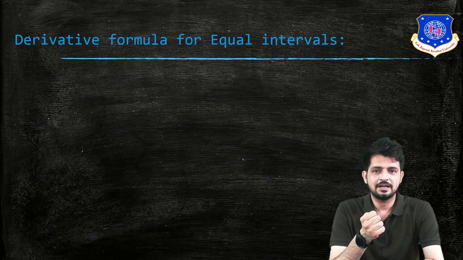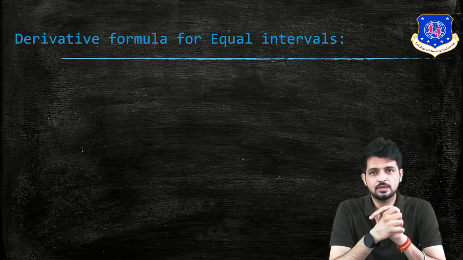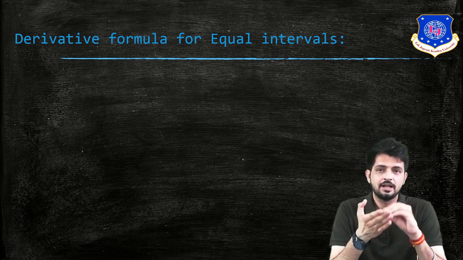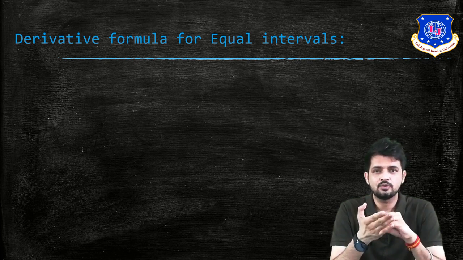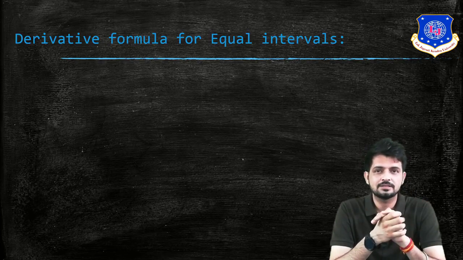Okay, let us derive the formula of numerical differentiation. See, there are again 2 types for this: equal intervals and unequal intervals. For equal intervals we are having 2 methods: Newton's forward interpolation and Newton's backward interpolation. Similarly for unequal we are having 2 methods: Lagrange's and Newton's divided difference.